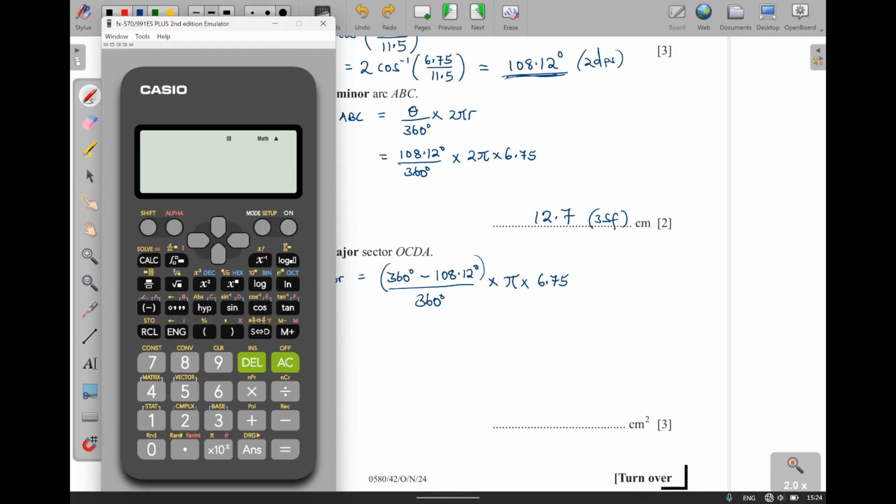Okay, so we are going to have 360 minus 108.12, then 360 here, then times pi, then times, there is a square on this one here, so 6.75 squared. Then the answer is going to be 100.1, and the rest of those figures, but to three significant figures, I can write 100.